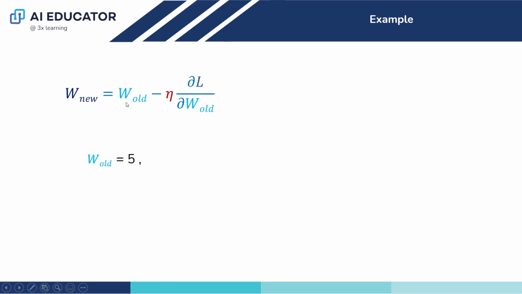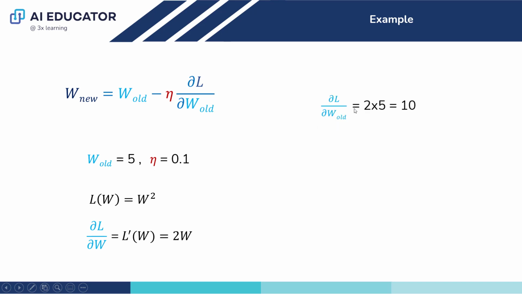Let us consider my W_old is 5 and I have a learning rate of 0.1, and I'm using a loss equation L(W) = W², and ∂L/∂W will be 2W, which would be ∂L/∂W_old = 2 × 5, that is 10.